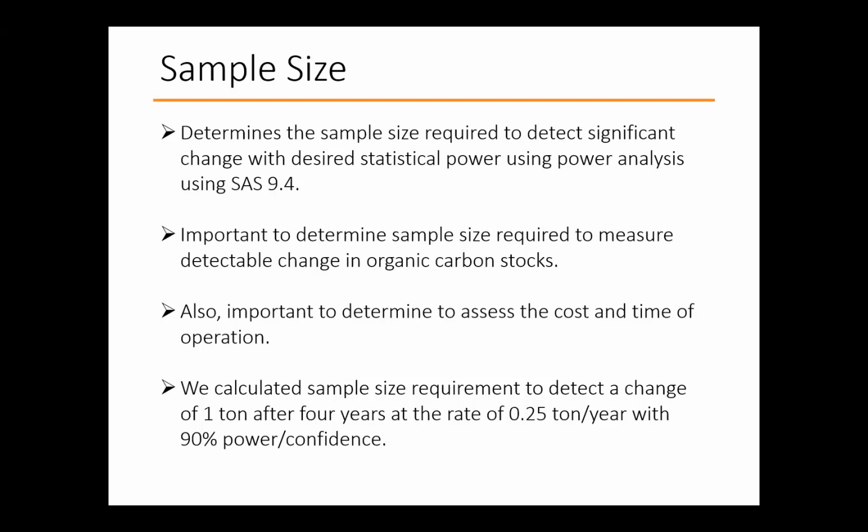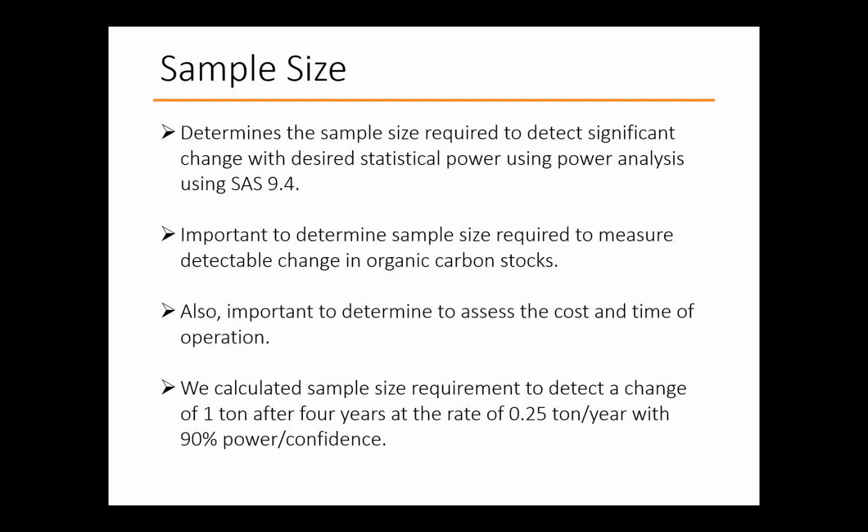So if you're doing a protocol, you want to be efficient. The OCC had estimates that the potential of carbon sequestration in this area of Oklahoma was about 0.27 ton per year.